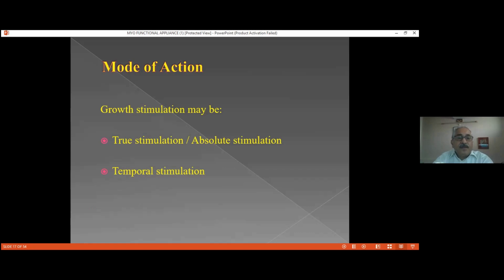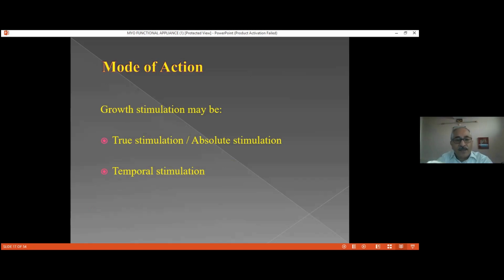There is a school of thought which says that a true stimulation occurs, which is also known as an absolute stimulation. That is, while the patient is wearing an appliance, and when the appliance is removed, the increased amount of growth is sustained and maintained, and thereby there is an increased lengthening of the mandible. This type of growth stimulation is known as true stimulation.